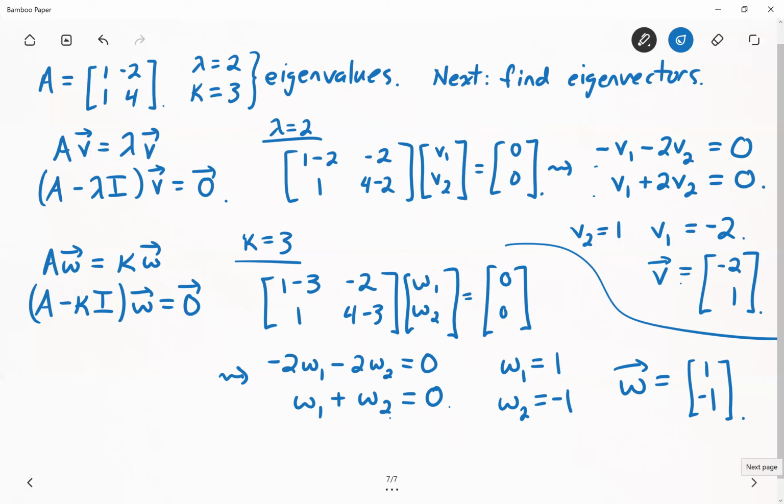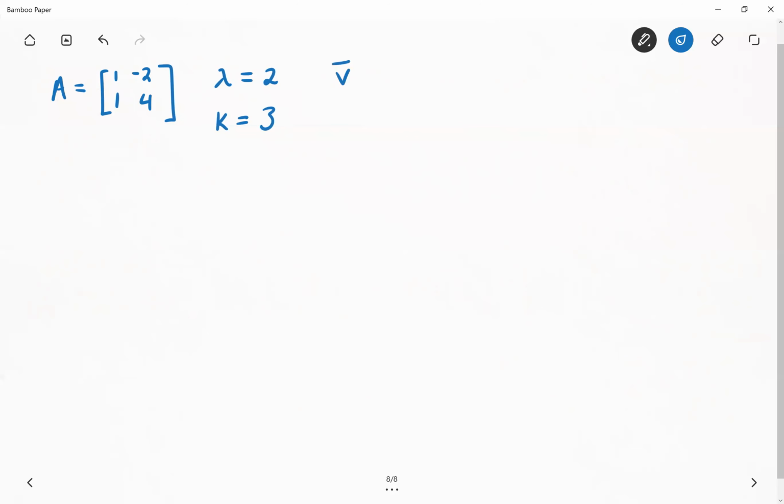All right, let's go ahead and transfer this information onto the next page. And so A, you might recall, was the matrix 1, negative 2, 1, 4. We have some eigenvalues and eigenvectors. Lambda equals 2 and kappa equals 3. And associated to each one of these, we have an eigenvector.